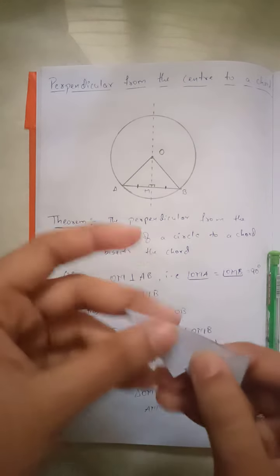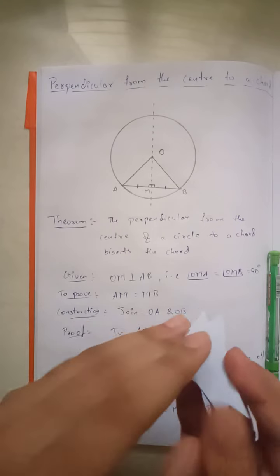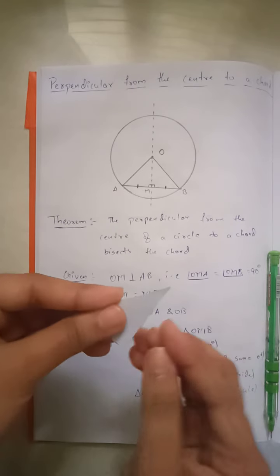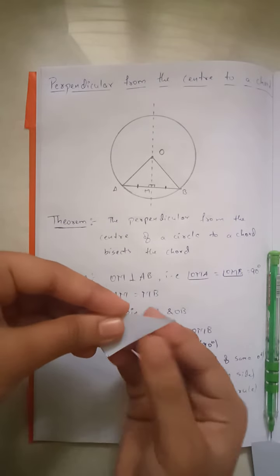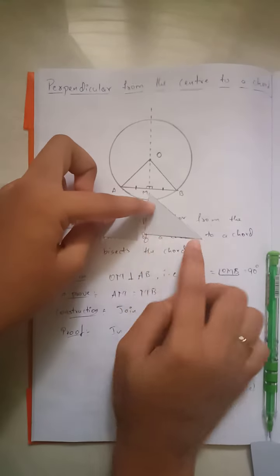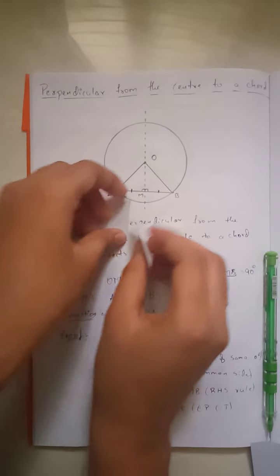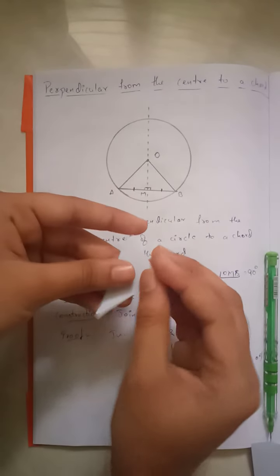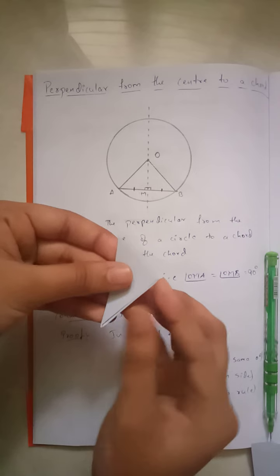So we got the two triangles here, and we will see that yes, these two sides are equal. So this is AM and this is MB, and when we overlap these two triangles, these two sides are equal.